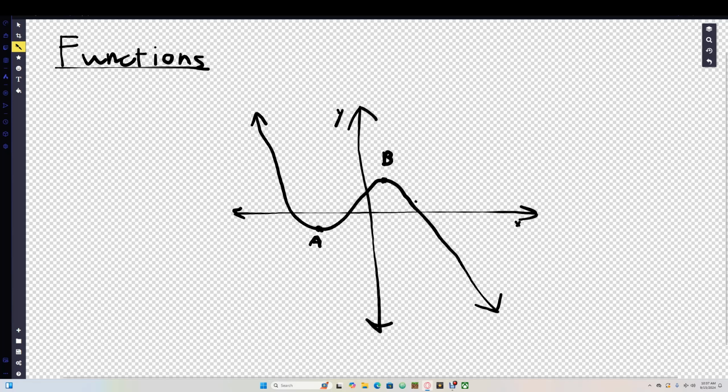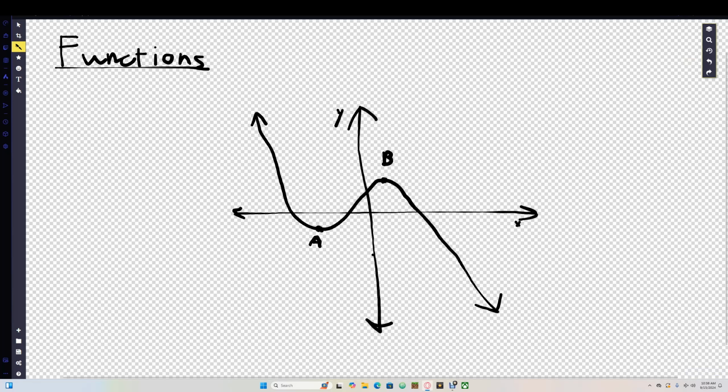Then obviously over here it's lower, but in this area it is the relative minimum point. And B would be the relative maximum because no other points around it in its area are higher than it. So like again, over here, it's higher than it. In its area, it is the relative maximum.